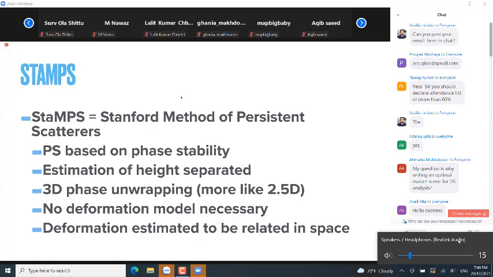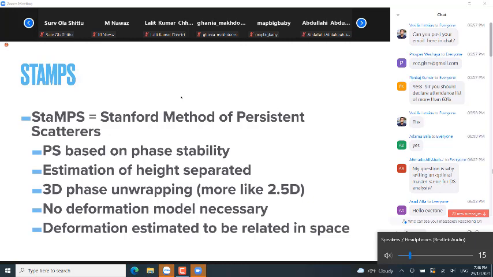In StaMPS, this is separate. So we estimate the height first, remove the height, do then ideally a 3D phase unwrapping. It is more like a 2.5D phase unwrapping of the deformation phase.